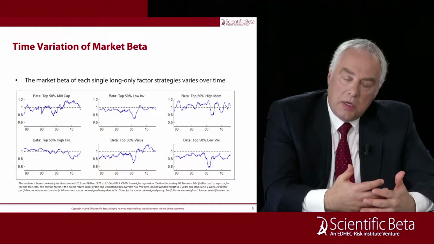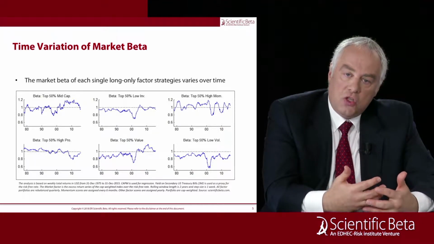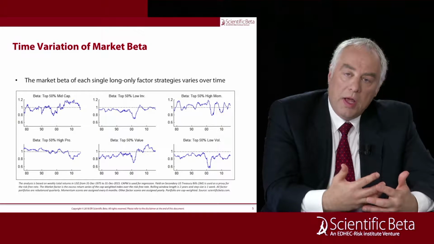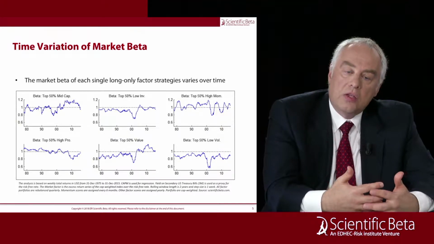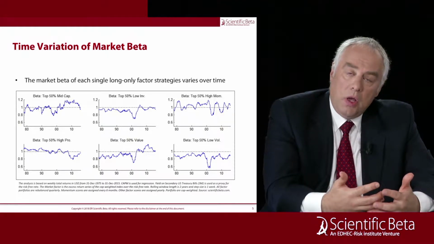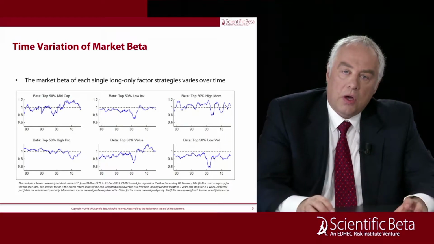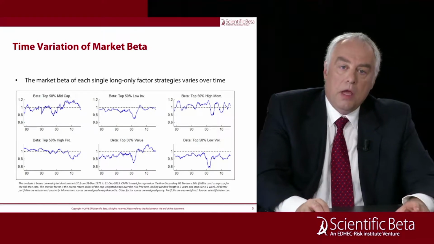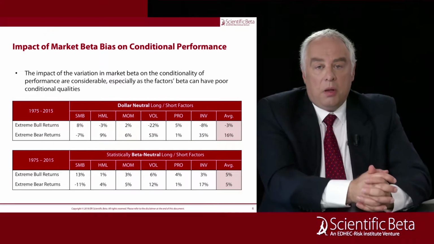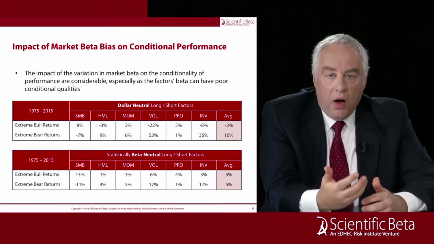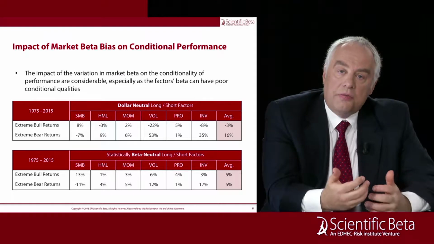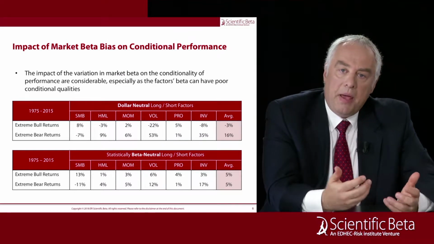So the starting assumption that in a long-only strategy your market beta is 1 clearly isn't true; the construction of these factor portfolios leads to a variable market beta over time. And this variable market beta and this defensive bias can lead to very different performances in bull and bear markets.